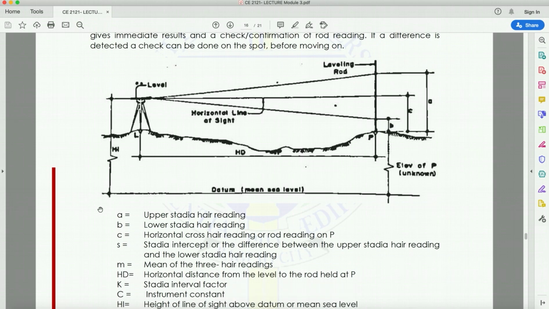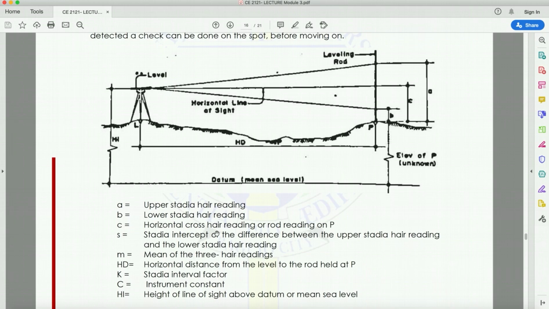This is point L. Stadia intercept, or the difference between the upper stadia hair reading and the lower stadia hair reading. So upper stadia hair reading and the lower stadia hair reading, get the difference, that would become your stadia intercept, or that is your S. So M is the median or the mean of the three hair readings.